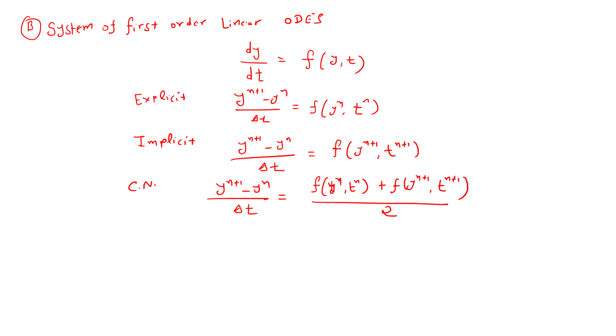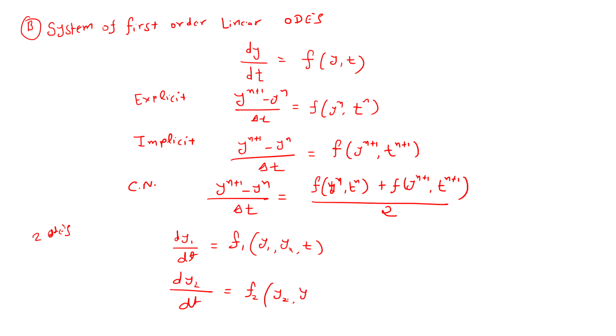Now in this case, we have a set of ODEs. So suppose there are two ODEs, and those are given as dy1 over dt is equal to f1, it is a function of y1, y2 and t. The second ODE is dy2 over dt is equal to f2, function of y1, y2 and time.